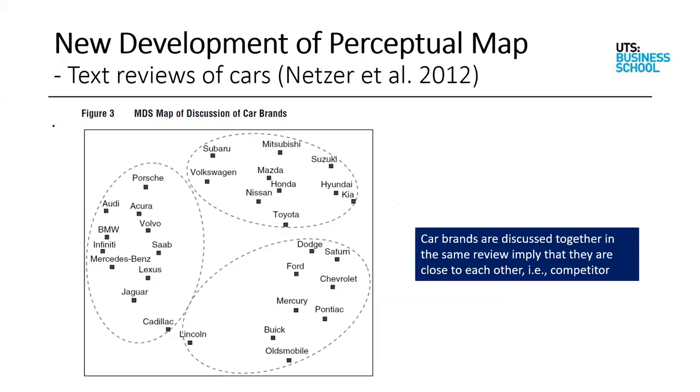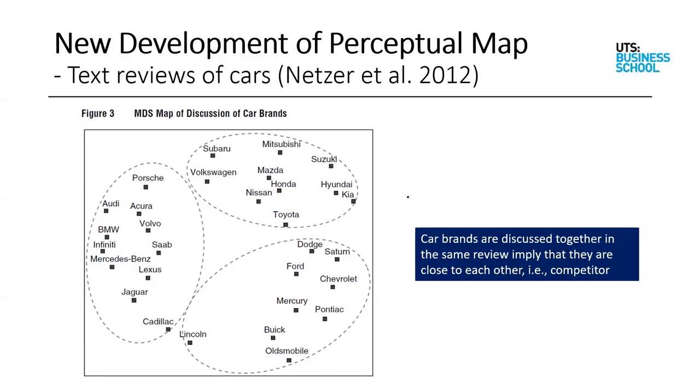Now, here's an example of multidimensional scaling. This was a study by Nedza et al., 2012. This is a research study. What they did was they studied the reviews of different cars. And the premise was that if a review talks about a car, let's say Mazda, but also mentions Honda in the same review, then that means that Mazda and Honda are close competitors.